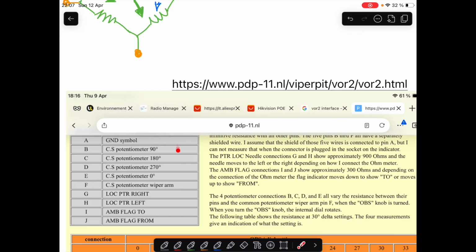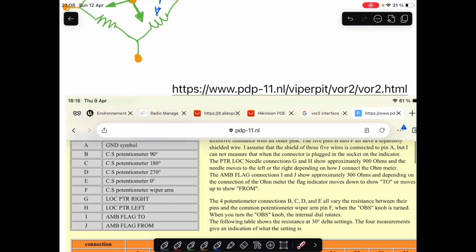You can see the exact same pinout that I gave to you. We have the potentiometers, kind of rheostats, I would say, 90 degrees apart, and then the center wiper arm.